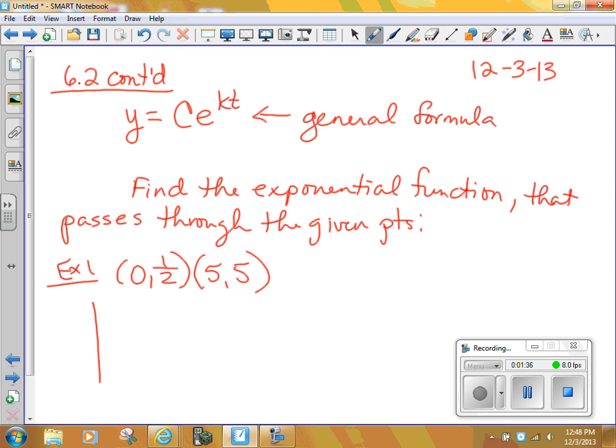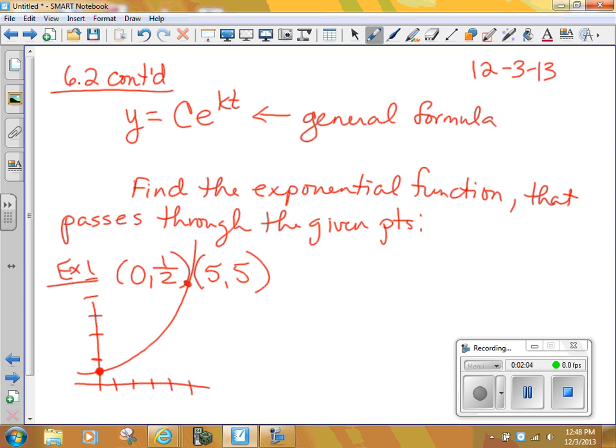If you remember the exponential function, (0, 1/2), doesn't the exponential function do something like this? Clearly, is that exponential growth or exponential decay?